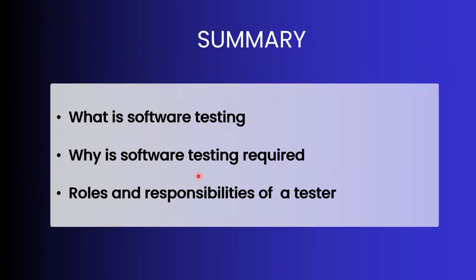Software testing is required to ensure that end users do not face any trouble while using the application. And we have also clearly understood the roles and responsibilities of a tester.